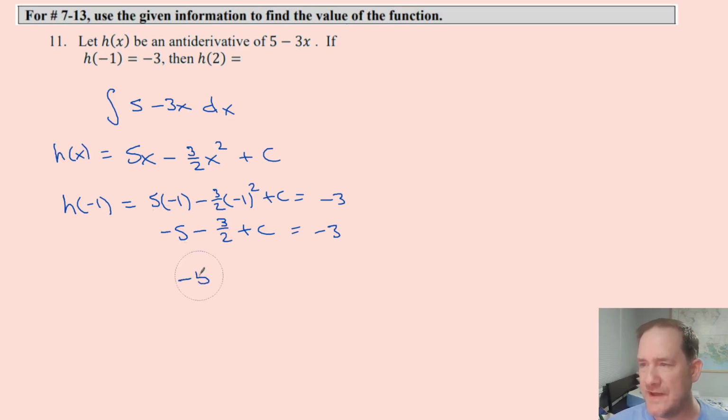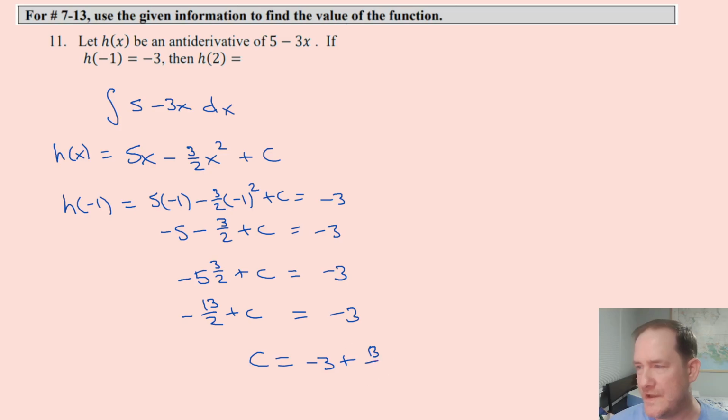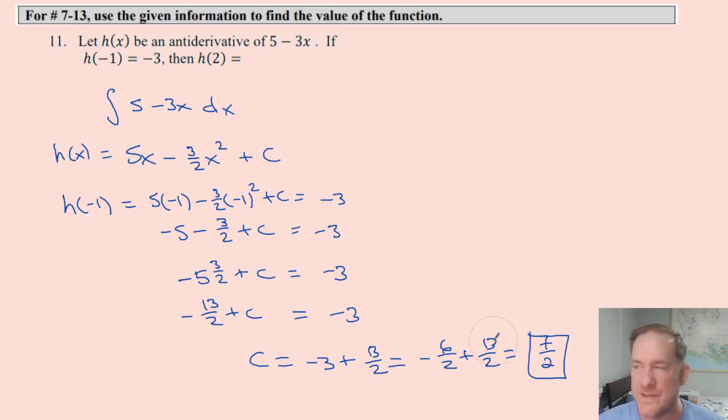This would be negative 5 and 3 halves, aka 13 halves. So C is therefore going to be negative 3 plus those 13 halves, which of course is negative 6 halves plus 13 halves, which is positive 7 halves, aka 3.5.